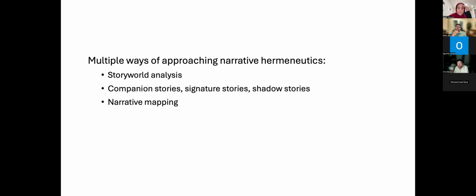We can also look at the types of stories people tell. Art Frank has this concept of companion stories, stories that we carry around in our heads as guides to action or reminders of things that are of importance. In his book Letting Stories Breathe, he gives lots of examples.